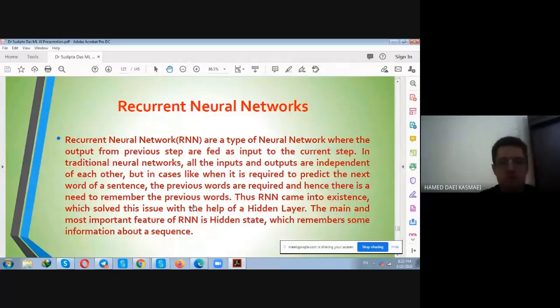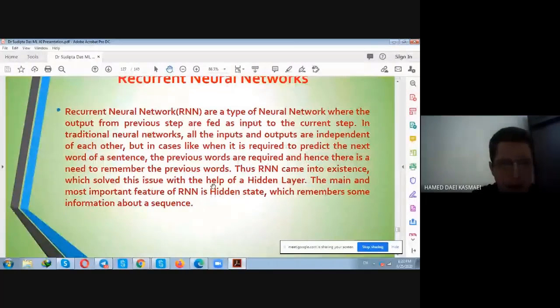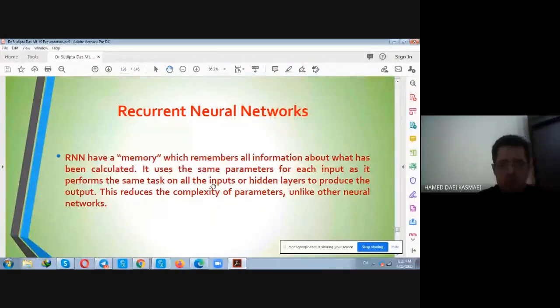We solved this issue with the help of a hidden layer. The main and most important feature of RNN is the hidden state, which remembers some information about the sequence of data that you consider. RNN has a memory which remembers all information about what has been calculated.